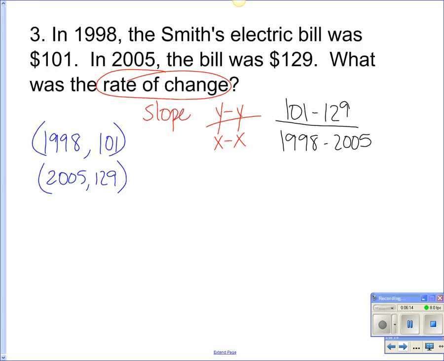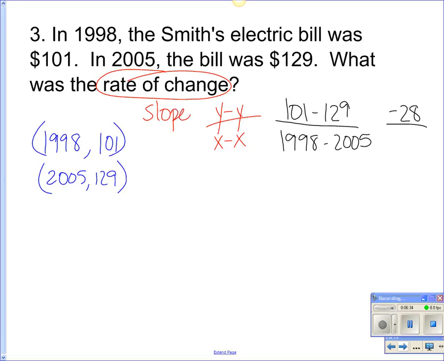Dylan, what do you get on top? Type it in again. 101 minus 129. Negative 28.